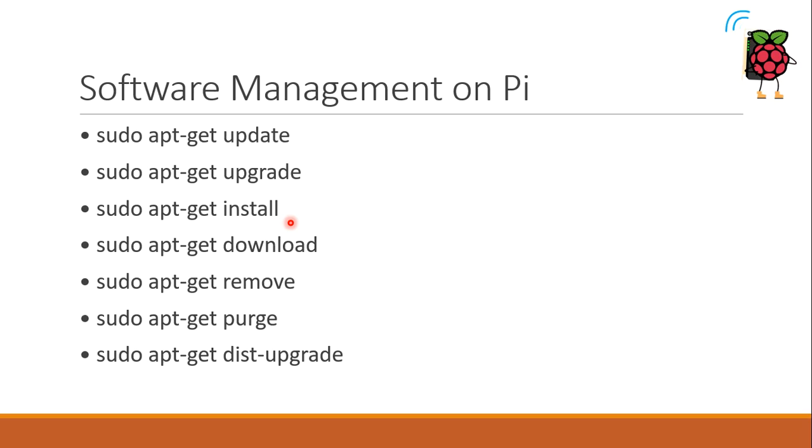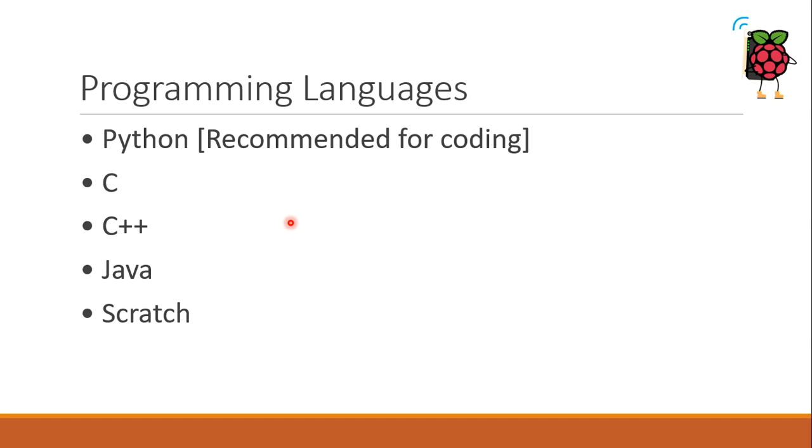To download specific applications from the internet, I can use download. To remove tools and packages from the Raspberry Pi OS, I use remove. Purge is also used for the same purpose. Then dist-upgrade upgrades all types of tools used in the applications.